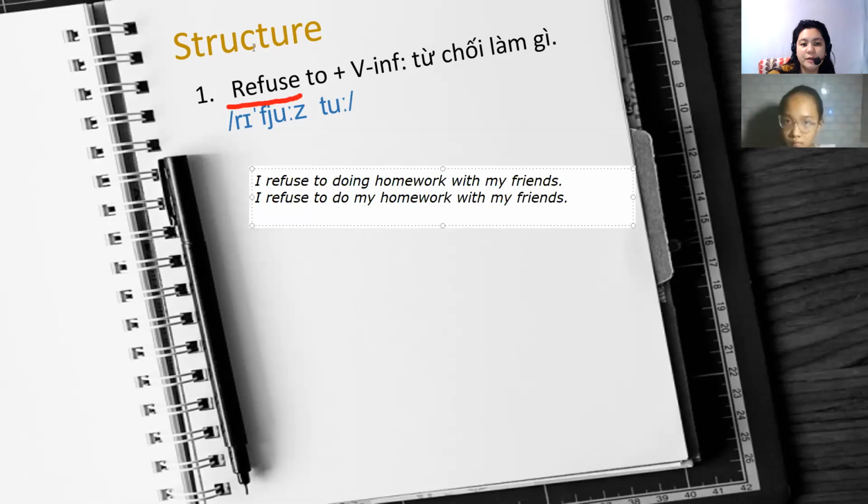Because we are looking for a verb, not an ing form, but you said doing.